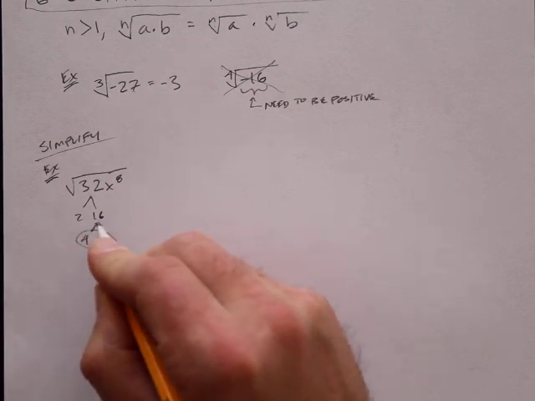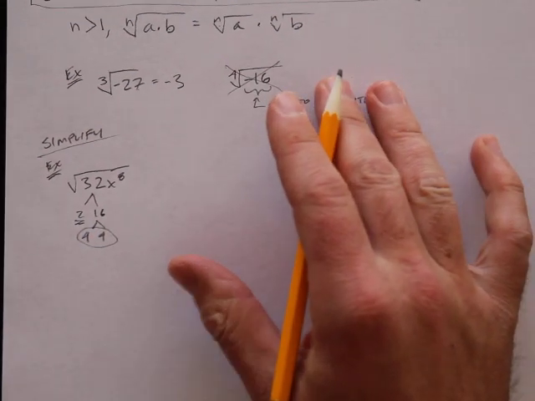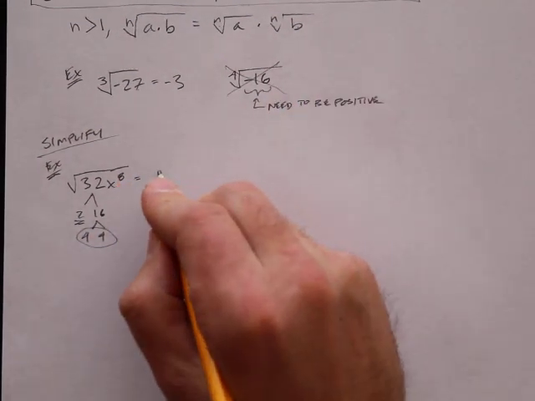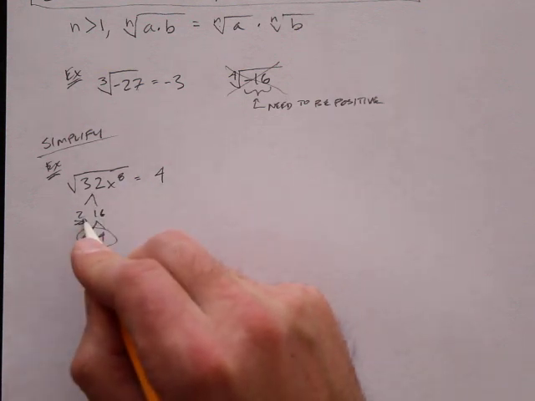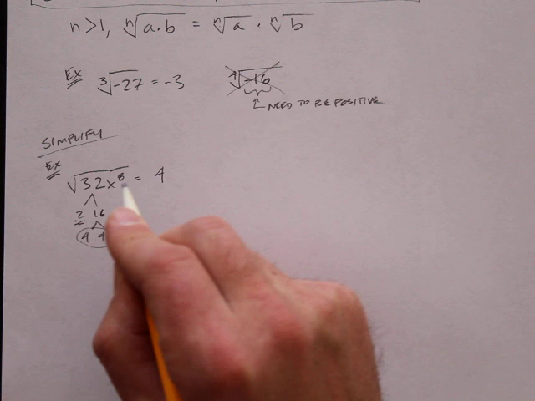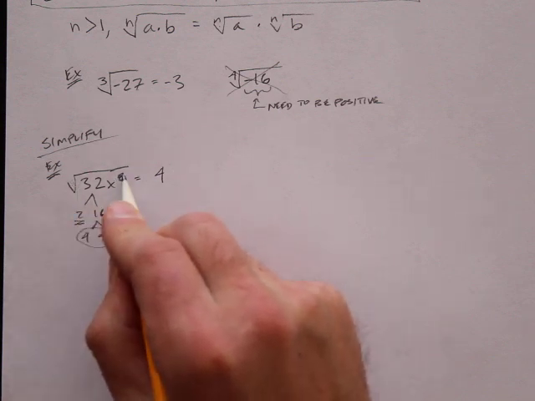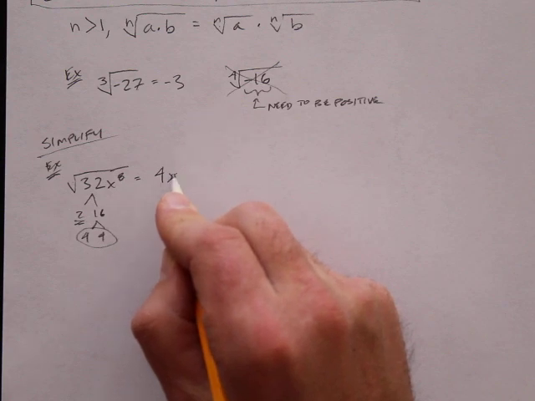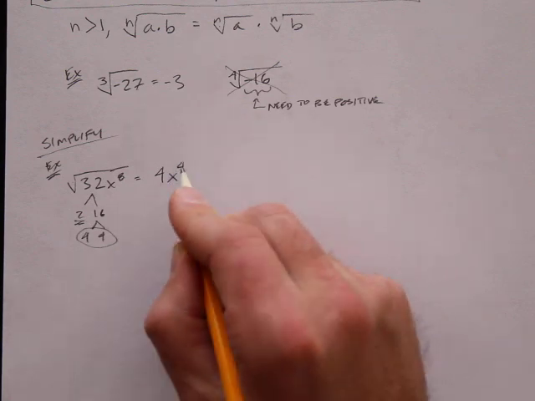So I got the square root of 16 is 4, and I've got this 2 left over. Okay, so that means I get a 4, square root of 16 is 4, and then this 2 stays inside here. 8 divided by 2 is 4, so 4 times x to the 4th power.